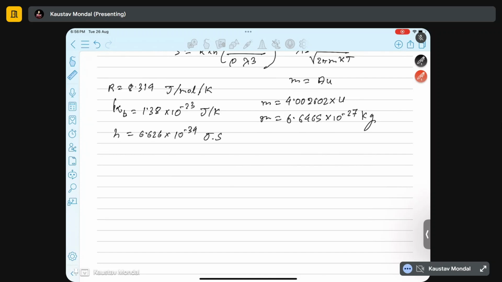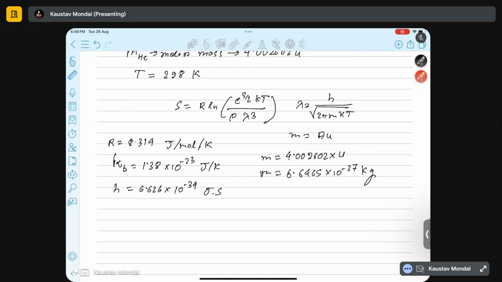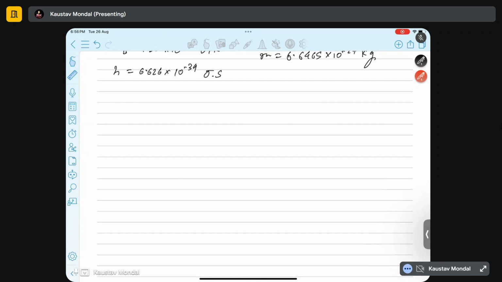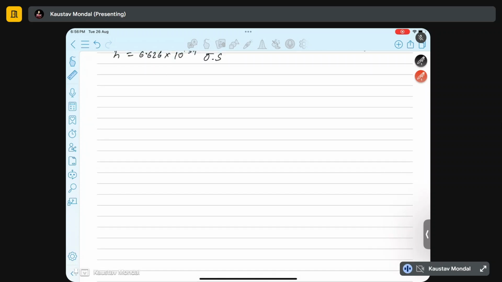So first thing we will do is calculate the thermal wavelength. After calculating the thermal wavelength, we will simply substitute that into the expression of the entropy.